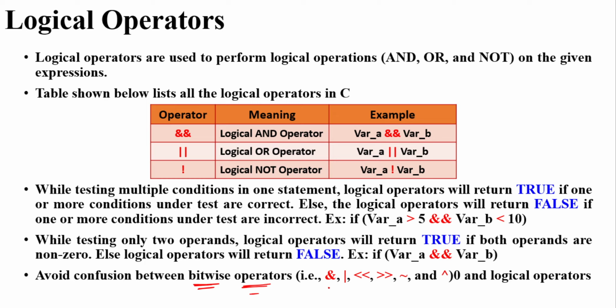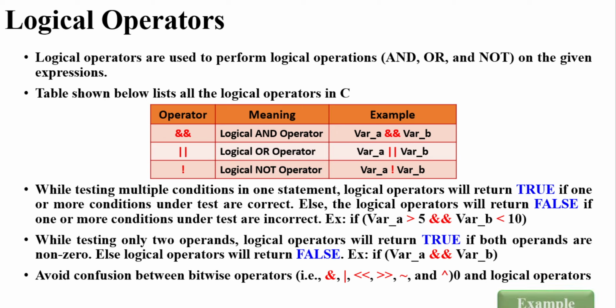Bitwise operators are like this: and, single pipe, less than, equal to, tilde, and to the power sign. Okay, so these are bitwise operators, and people sometimes get confused between bitwise operators and logical operators. Logical operators are here 2 ampersand, 2 pipes, and not sign.